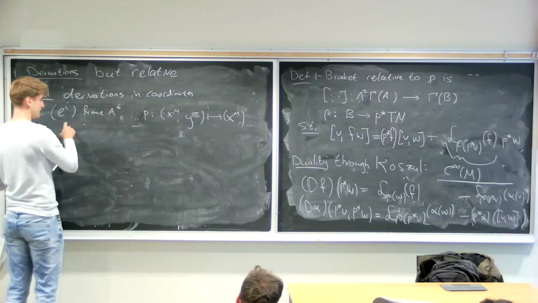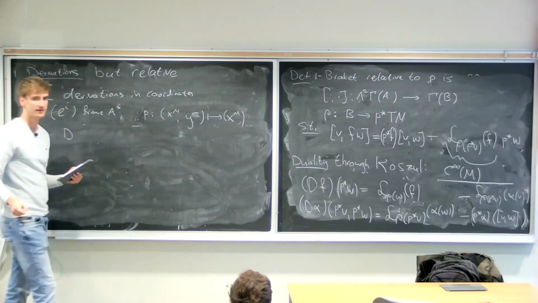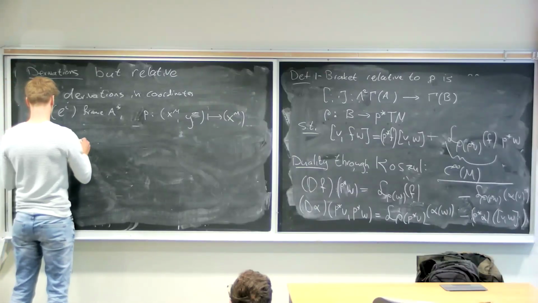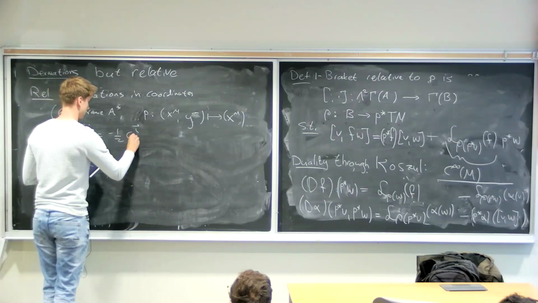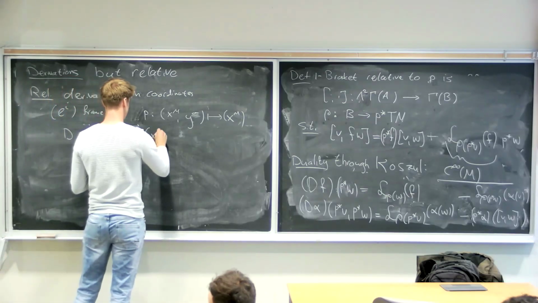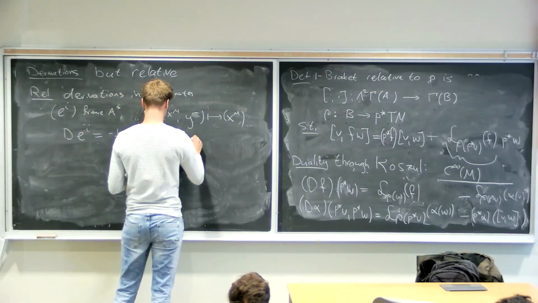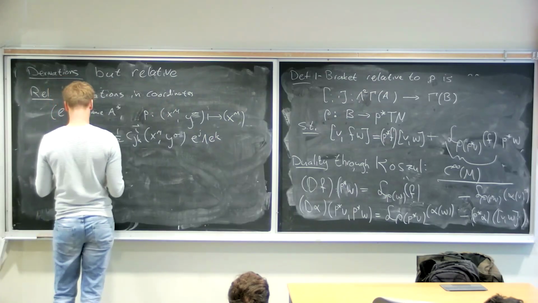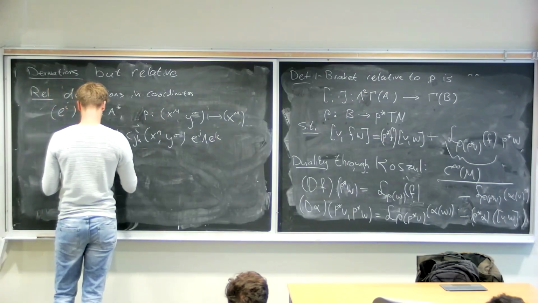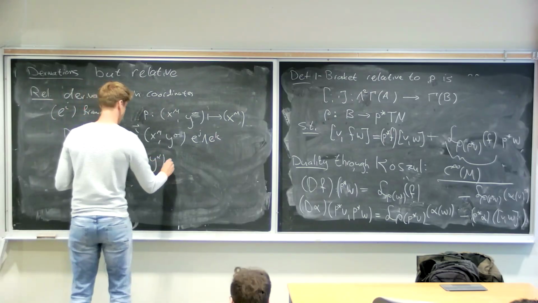And then the derivation is uniquely determined by its action on the one frames of A and on x mu. So d of e_i is some set of functions, some tensor really, of x mu, y sigma, times e_j wedge e_k. d of x mu equals rho mu i of x mu, y alpha, times e_i.